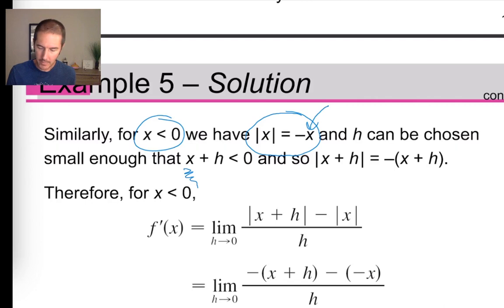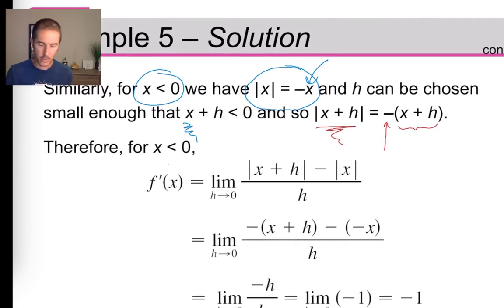Therefore, when you take the absolute value of a negative number, you return the opposite of that original input value. So in this case, where x is less than 0 and x plus h is still less than 0, the absolute value of x plus h can be interpreted as the opposite of, or negative, x plus h.